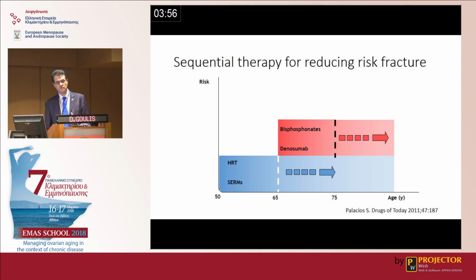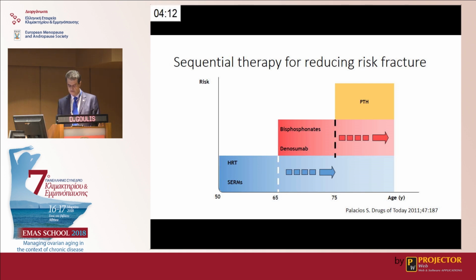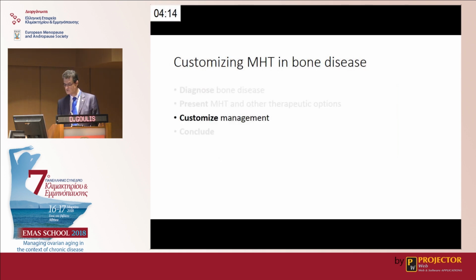Then when you move a decade after, in your 6th decade, it's time for bisphosphonate and denosumab. The evidence is for these ages, and then you can keep as a last resort parathormone, PTH. Anyways, you can use it just for 2 years according to the indication.